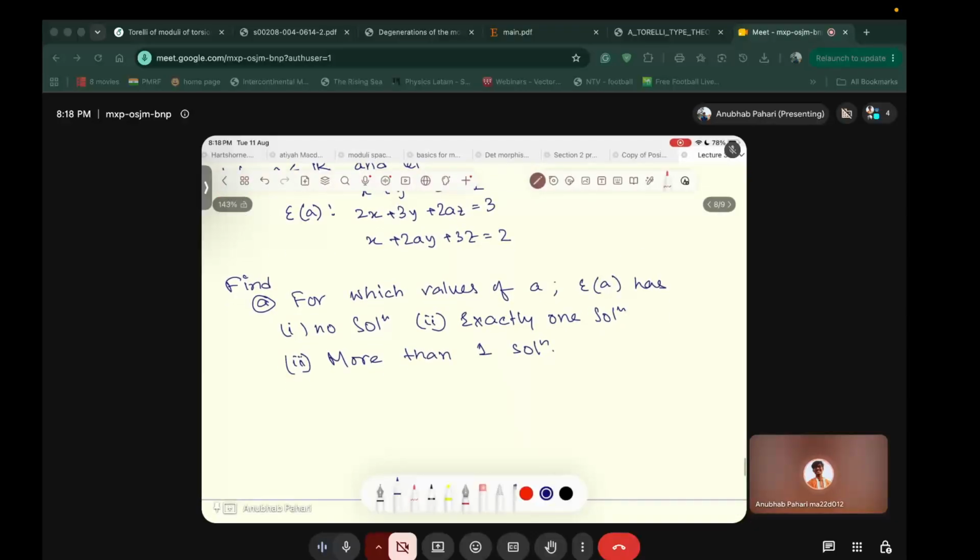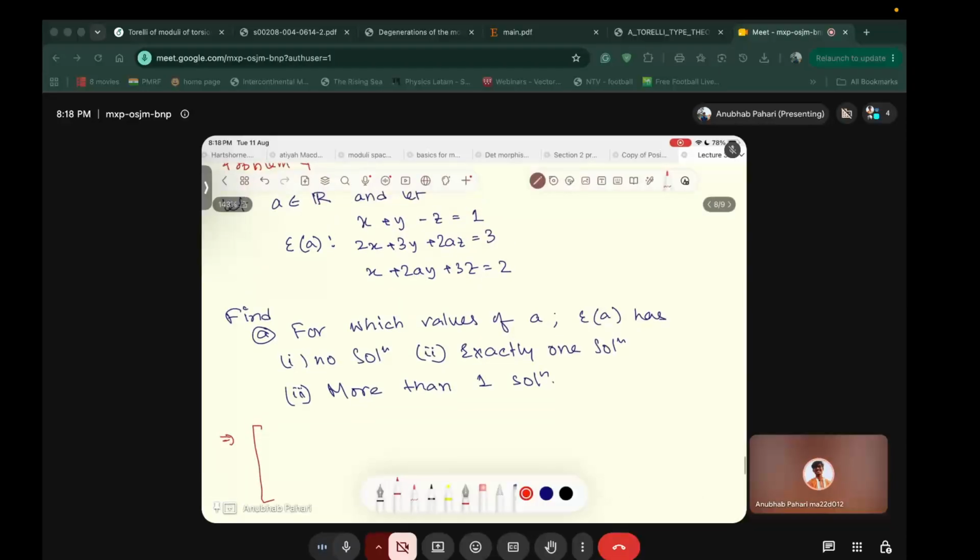Okay, so let us write the augmented matrix first. The matrix is, let me check it once again. Yeah, I guess this is right.